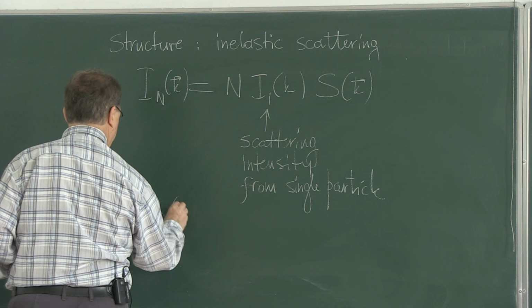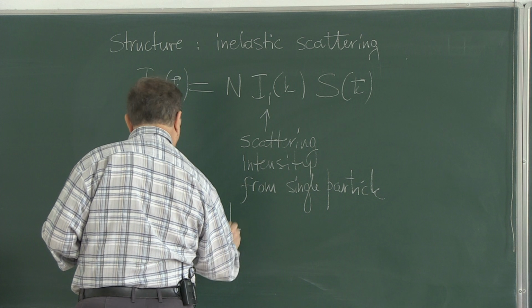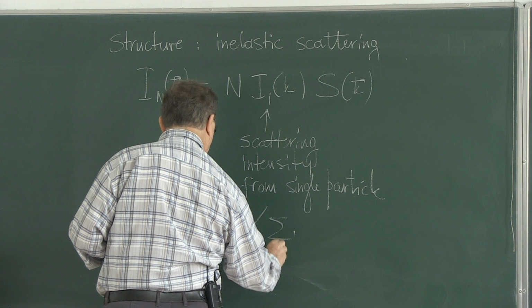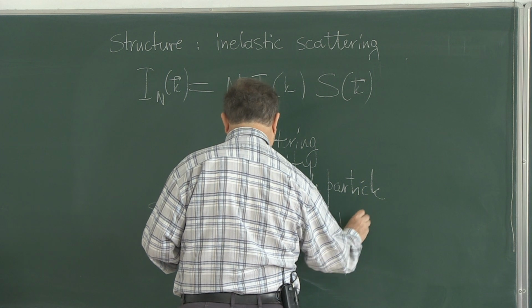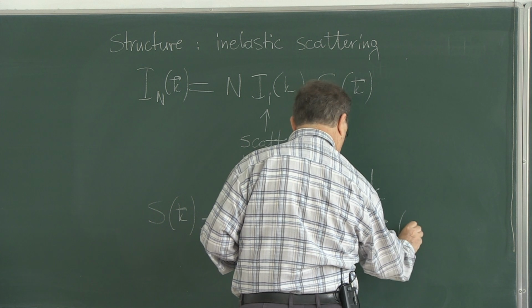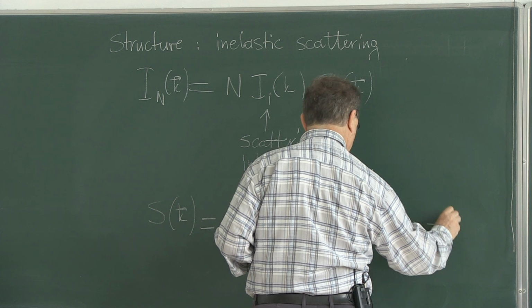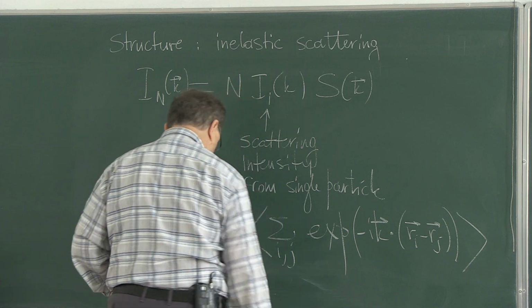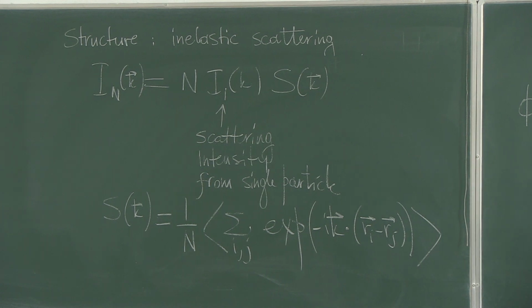This function is nothing but 1 over n, the average value of the sum, and it is called the static structure factor.